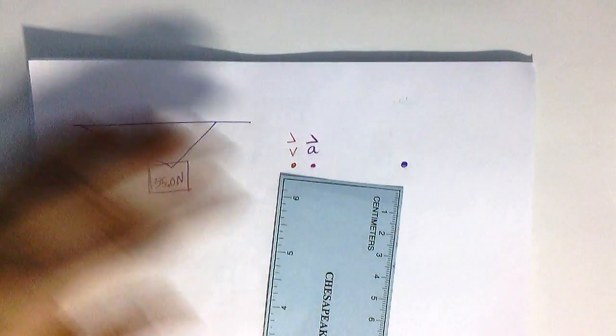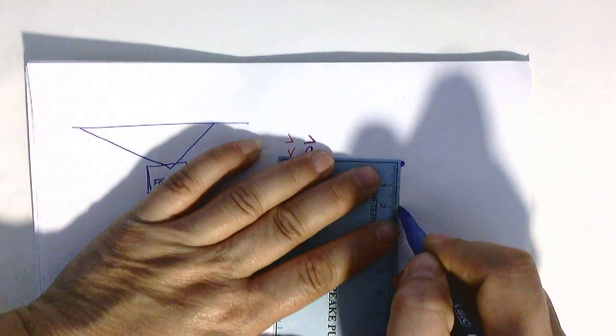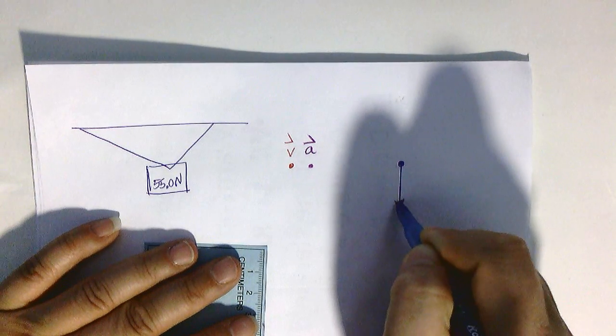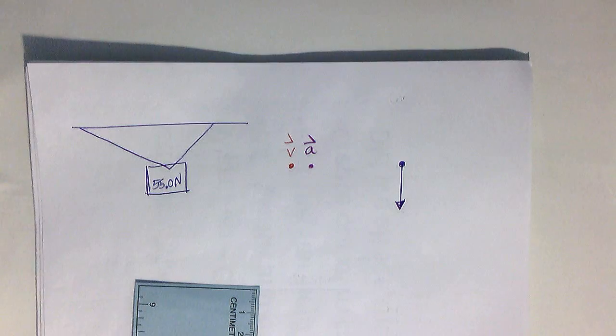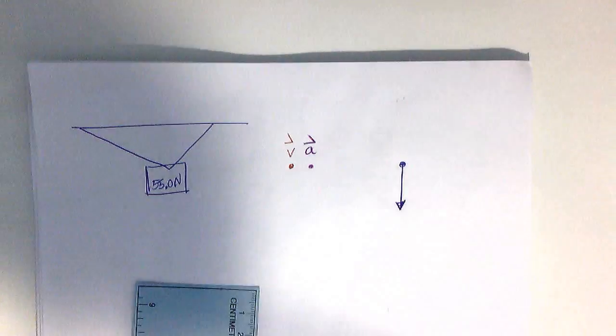First thing I'm going to do is draw the weight. And I do that because that's actually the easiest thing to start with. Okay, so there's my weight. Now, the next thing I have to do is draw these lines for the ropes, and I'm going to draw them very lightly.